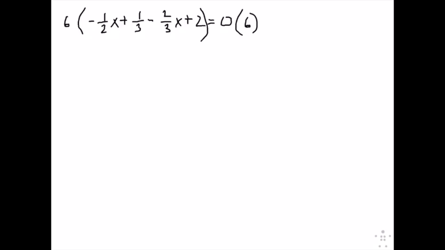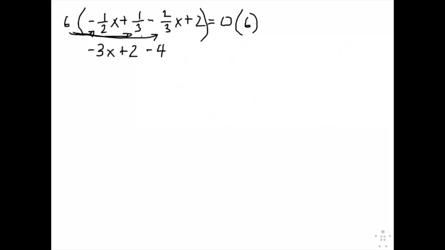So -1/2 times 6 is -3x, because we're distributing. So then 6 times 1/3 is 2. And then the 6 times the -2/3 is -12/3 or -4.